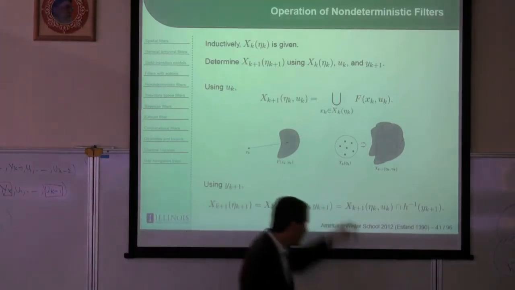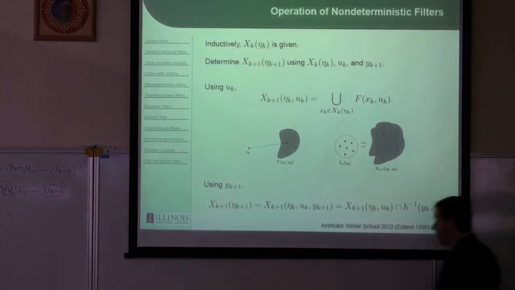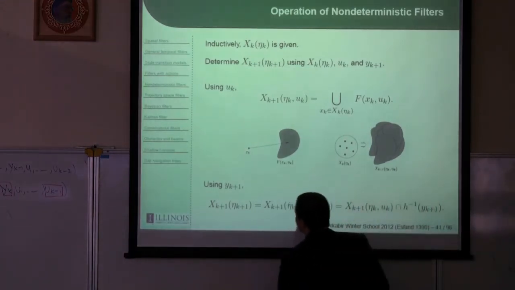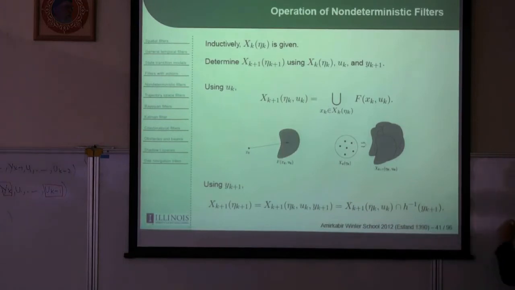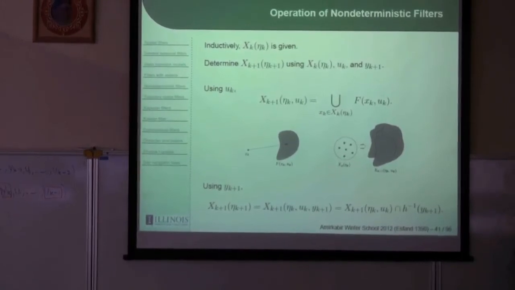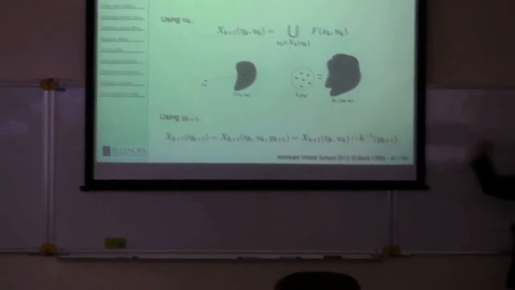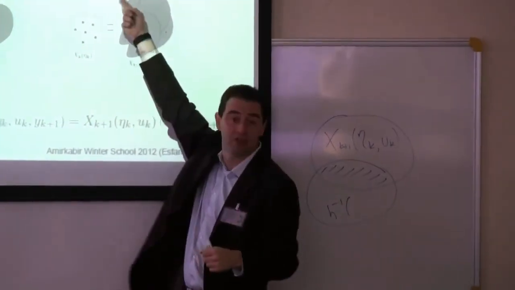And then the way this picture is going to look now, I'll change it a little bit here. Suppose now that we have this thing calculated, xk plus 1 given eta k, uk. So now this blob here is exactly this set here, the union together, exactly that expression.